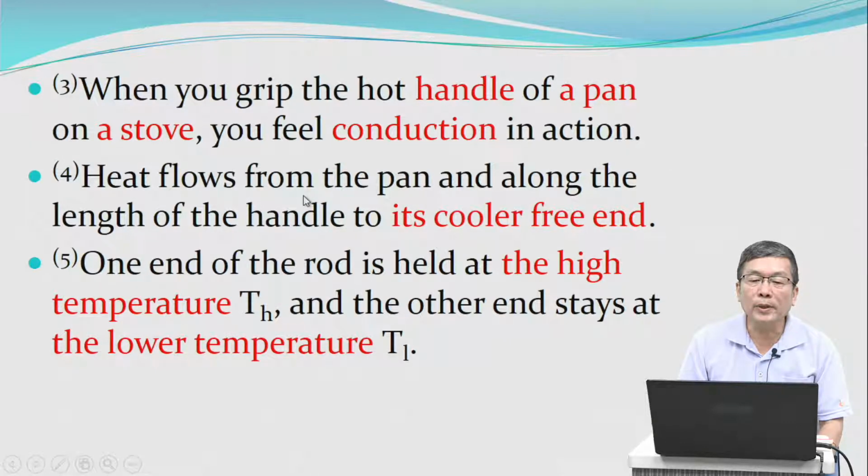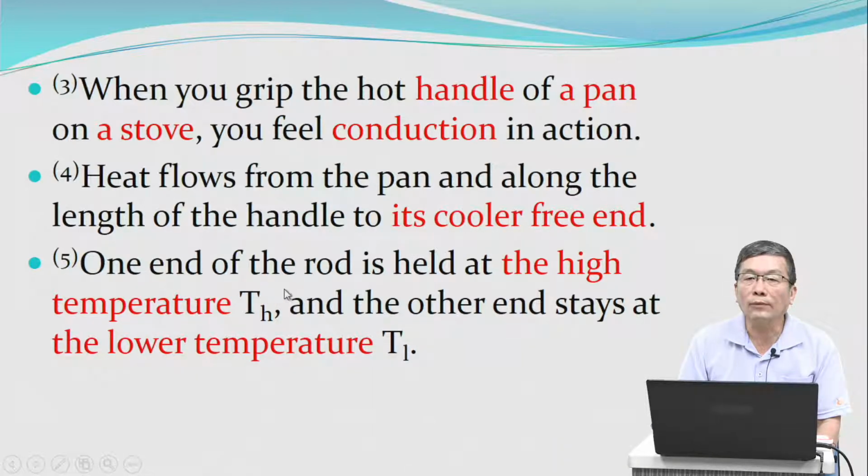When you grip the hot handle of a pan on a stove, you feel conduction in action. Heat flows from the pan and along the length of the handle to its cool free end.